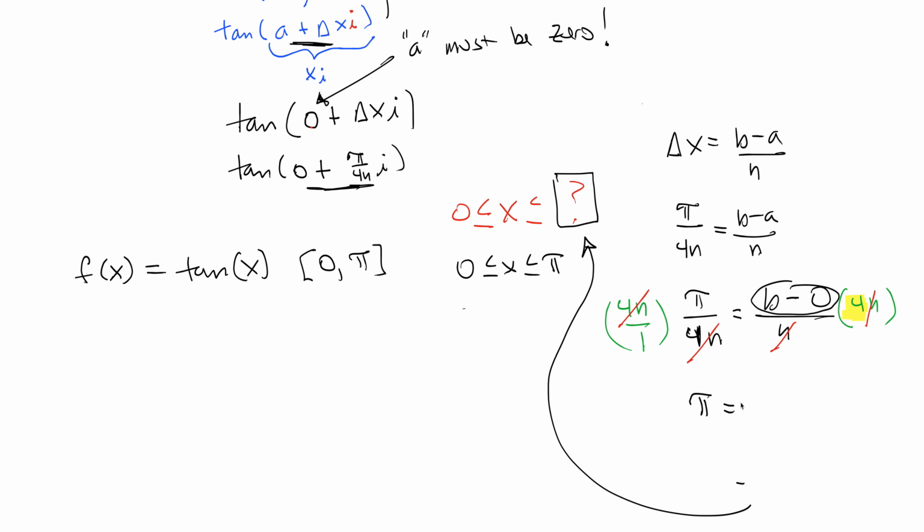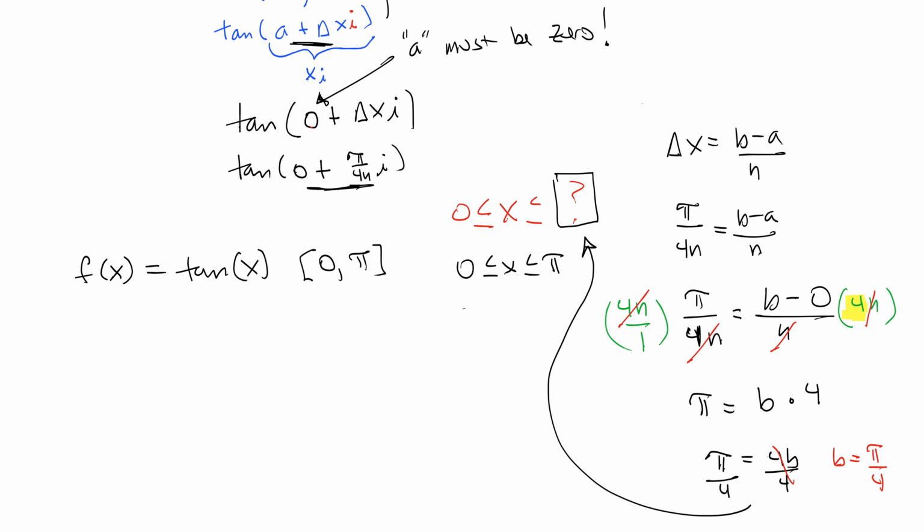So that's just b. Times, well, the only thing that wiped out right here was the n, not the 4. So you have to have your 4 right there. Now you have pi equals 4b, divided by 4 on both sides. b equals pi over 4.